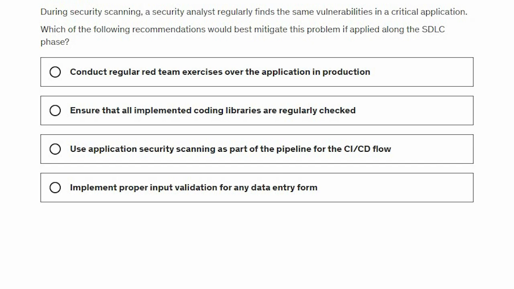D. Implement proper input validation for any data entry form. Pause the video and answer this question. The correct answer is A. Conduct regular red team exercises over the application in production.